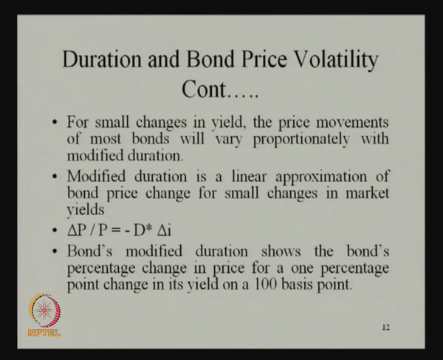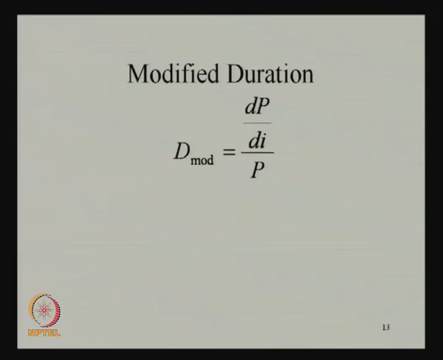That is why we write delta P by P is equal to minus the modified duration into delta I. So, the bond's modified duration shows the percentage change in the price for a 1 percentage point change in the yield, that is, 100 basis points. This is defined as the modified duration.